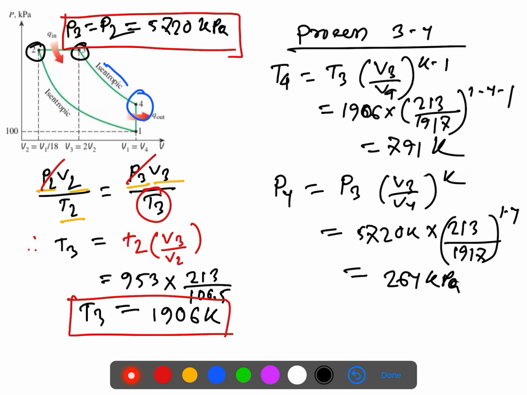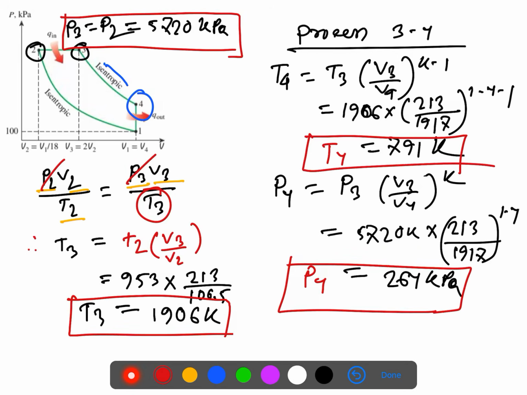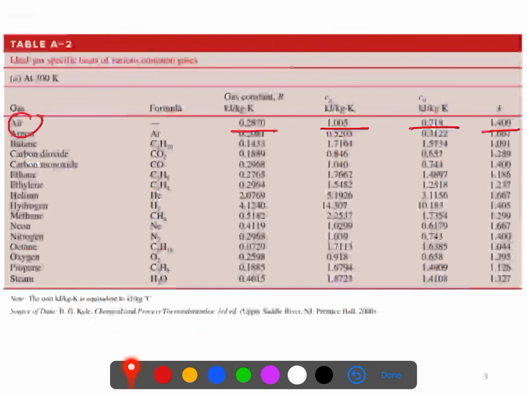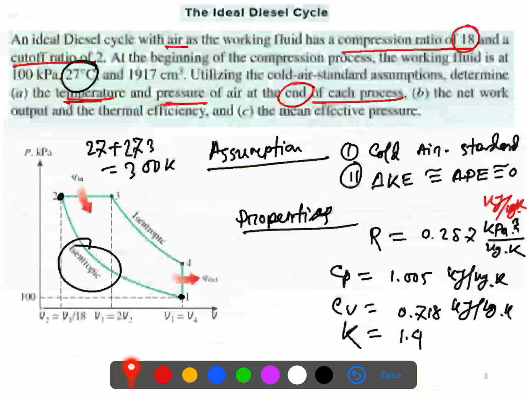Now we got all the values: P4, T4, that means we got the end temperature of the process, and we got T3, P3, and previously we got T2, P2, right? So we are done with the first part of this problem. I believe you understand, it is pretty straightforward and we just need to do a lot of calculations.